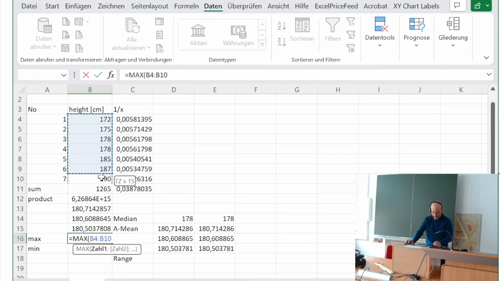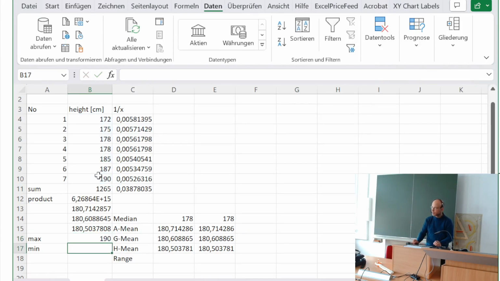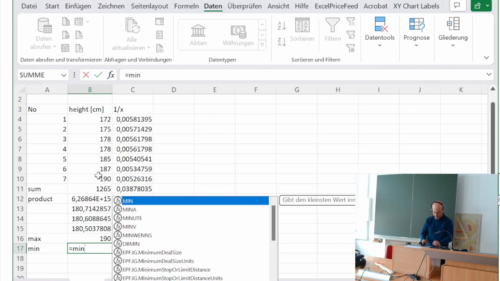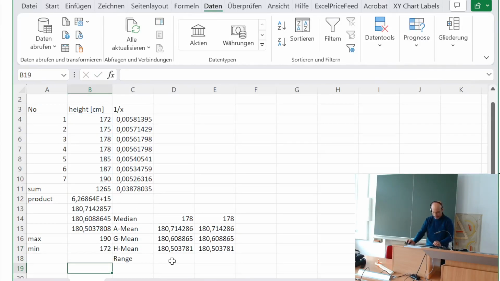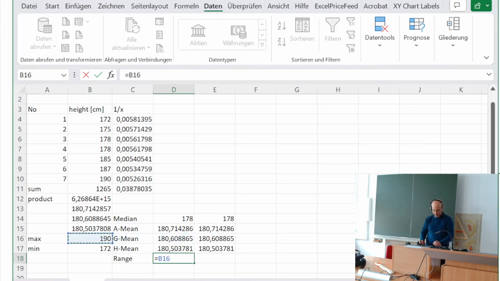So max is just the maximum of your data set, and surprisingly, min is the minimum of your data set. So what we obtain then is max minus min.